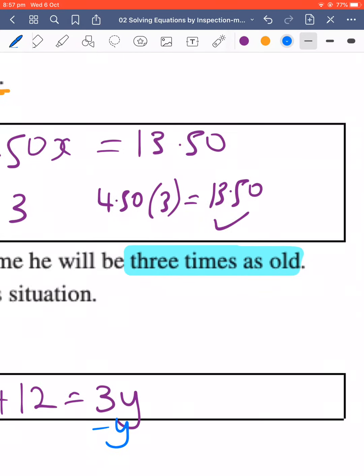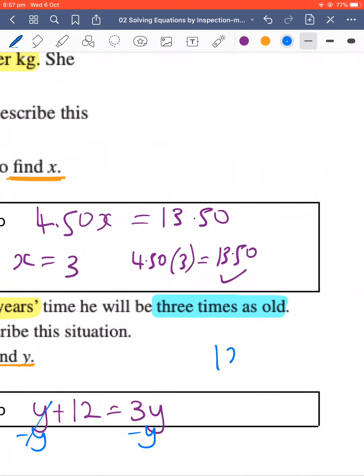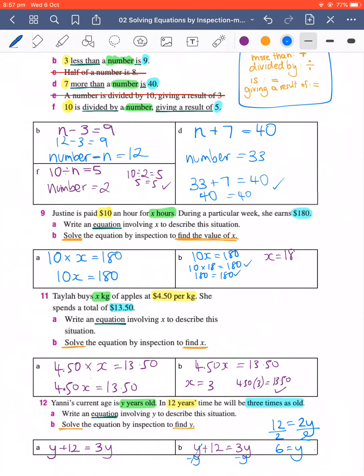So I end up with 12 equals 3y minus y, which is 2y. And then I can divide both sides. So I've got 6 equals y. So how old is he now? He is actually 6. Fun times for Yanni. And you're done.